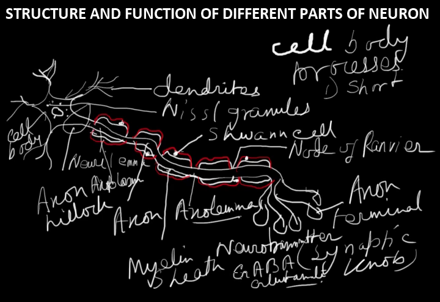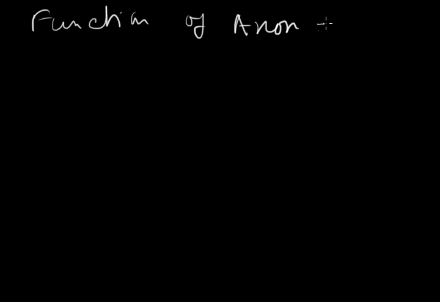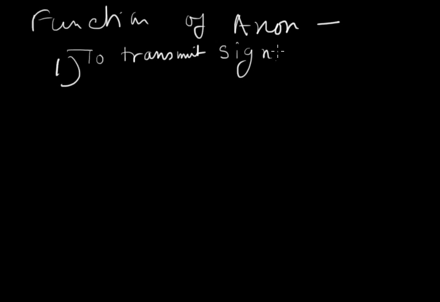So, the overall function of the axon will be: number one, to transmit signals away from the cell body.